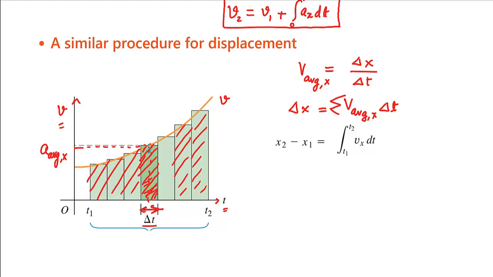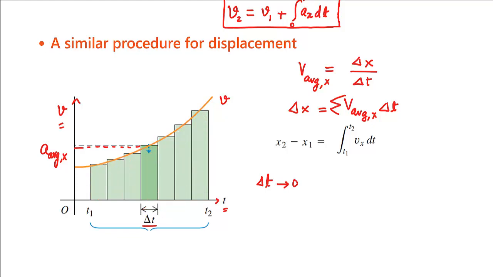Now, in a special case, as I said earlier, what will happen if delta t tends to 0? These rectangles will become very small, very fine rectangles. In that case, I can replace delta t with dt.